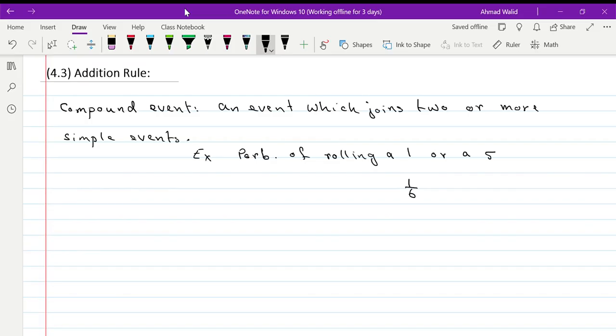I call this one a simple event. And you roll a die and you get a 5, which is again 1/6. The compound event joins these two simple events with each other. The word "or" that you see here means addition for us. It joins two simple events or even more, correct?